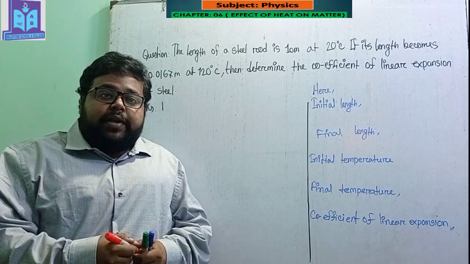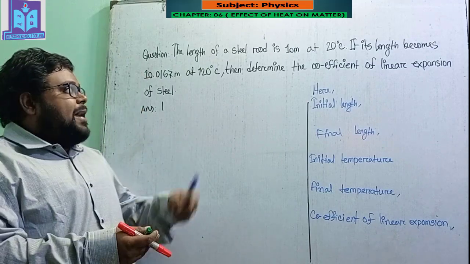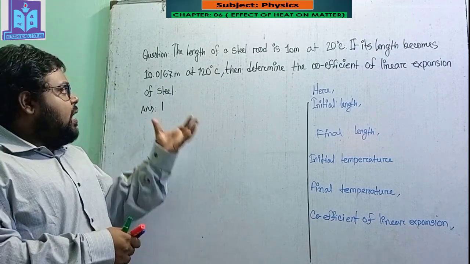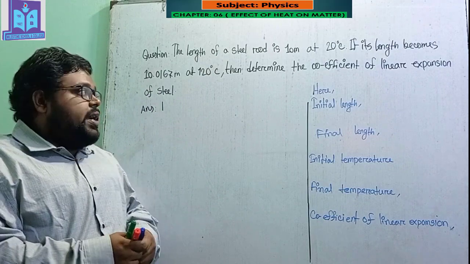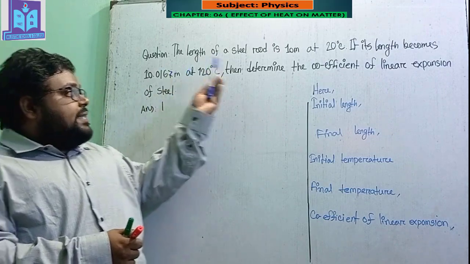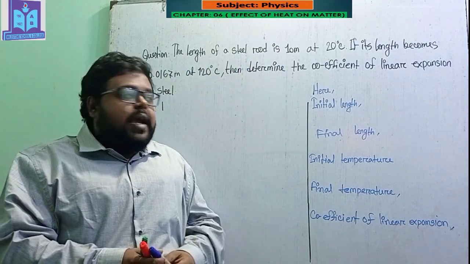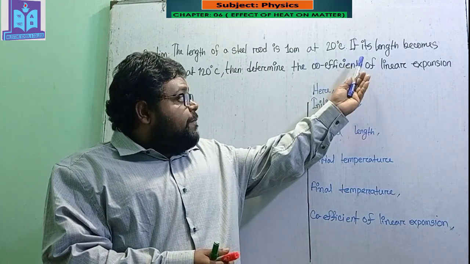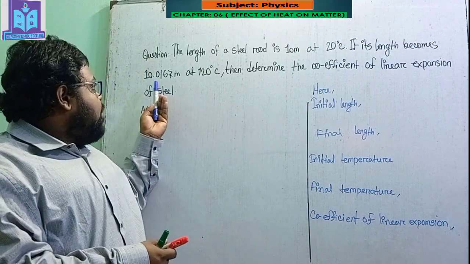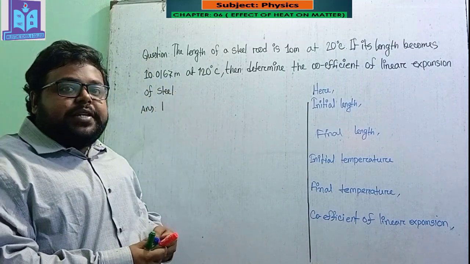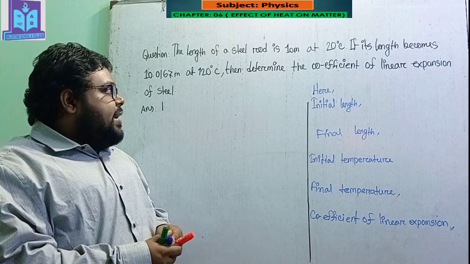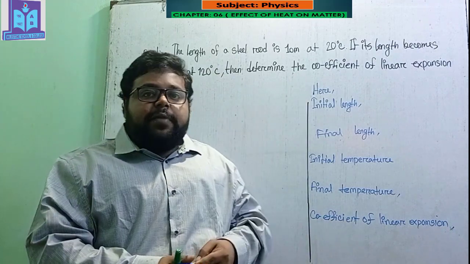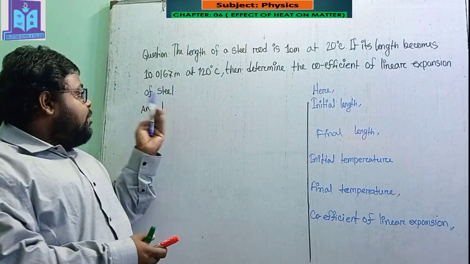My dear student, now I will solve a mathematical problem from this chapter. Here you can see the question: the length of a steel rod is 10 meter at 20 degrees Celsius temperature. If its length becomes 10.0167 meter at 120 degrees Celsius, then determine the coefficient of linear expansion of steel.